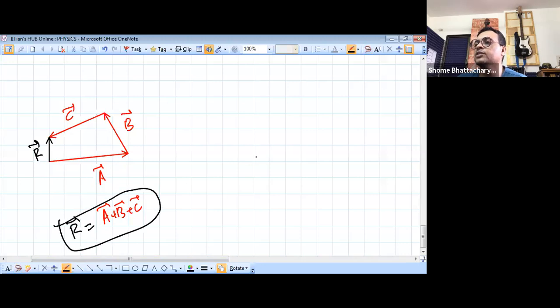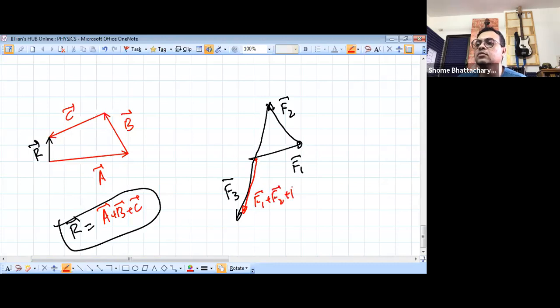So like that, in that question, what was happening? A was like this, B was like this, okay. Or F1 was like this, F2 was like this, but F3 was like this. So this last one, this became the resultant. From here to here, this became the resultant of F1 plus F2 plus F3.